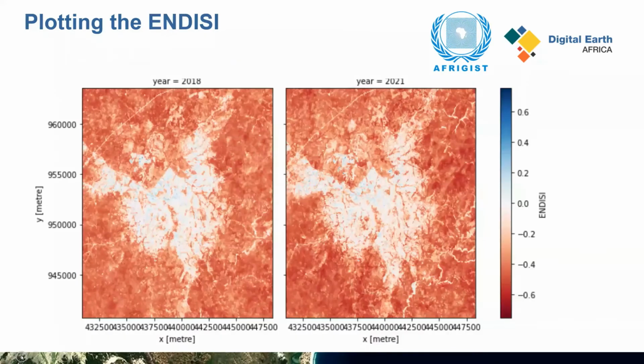So the next slide plots the NDBI, which varies from -1 to 1, and then you could see the urban extent in those two periods.